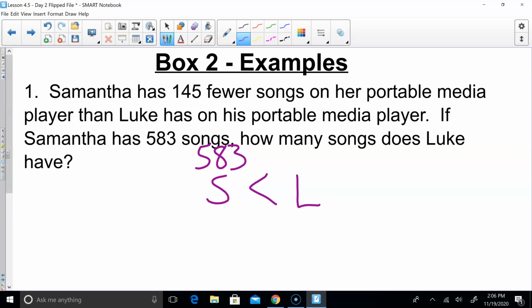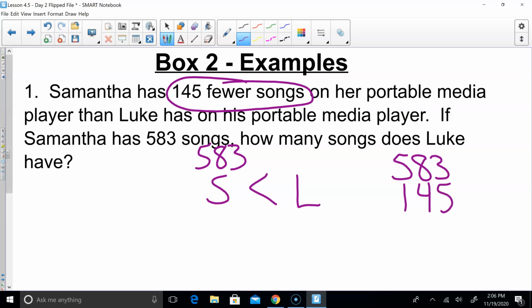All right, so if you see 583, she has less than Luke. That means, even though it says fewer here, I'm actually going to use addition. So I have 583 songs from Samantha, and she has 145 fewer songs, which means Luke has more songs.